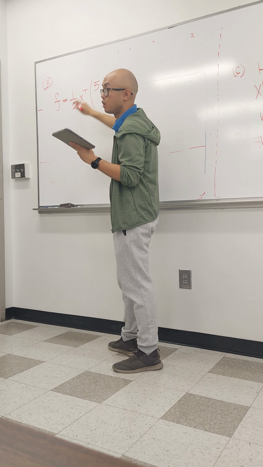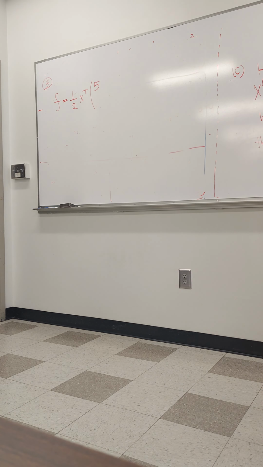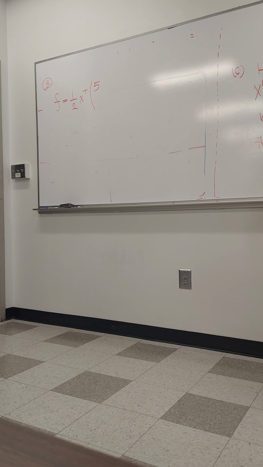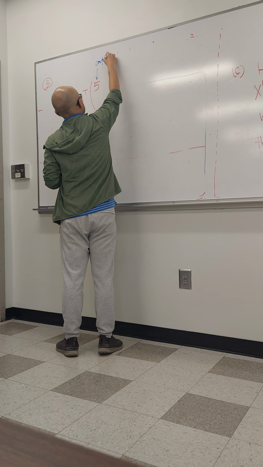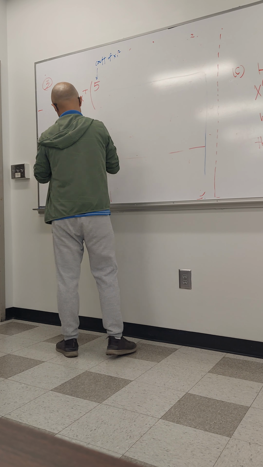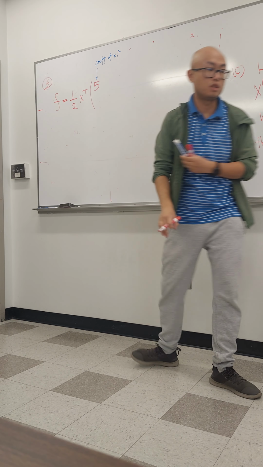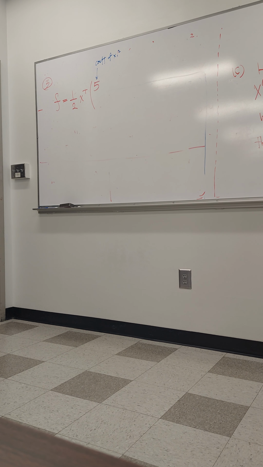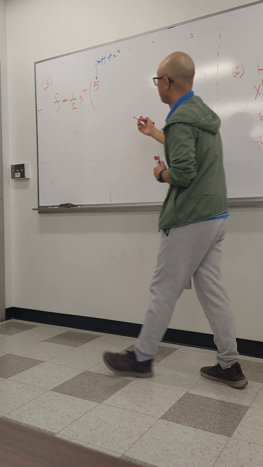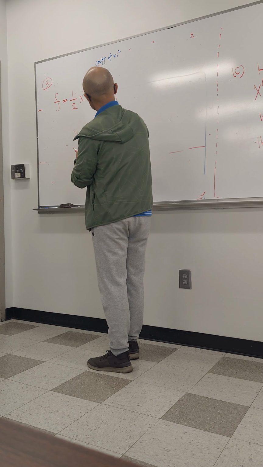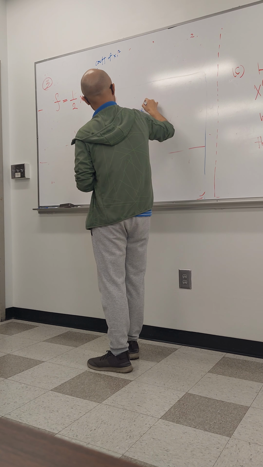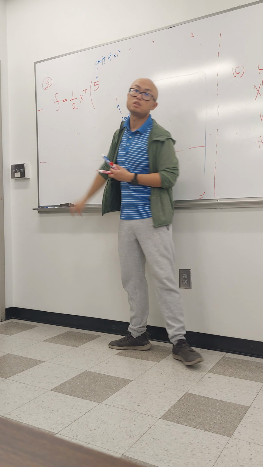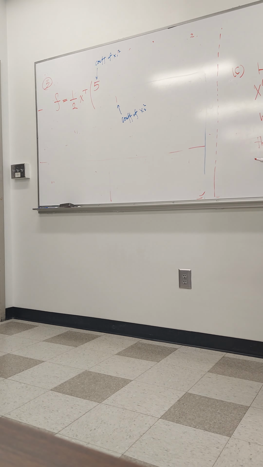For example, this will be the coefficient of x1 square, and this will be the coefficient of x2 square. Because we have a 1/2 in front, we just take care of it, and then we can fill in the blanks.